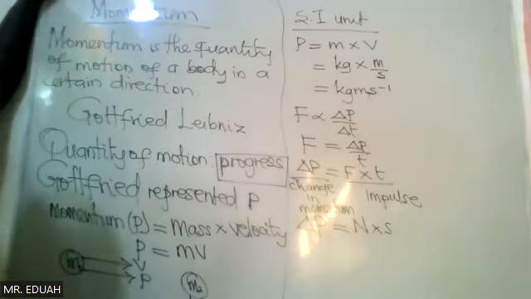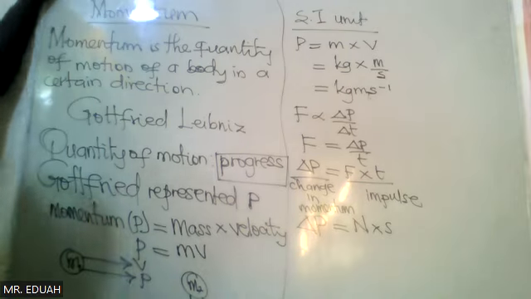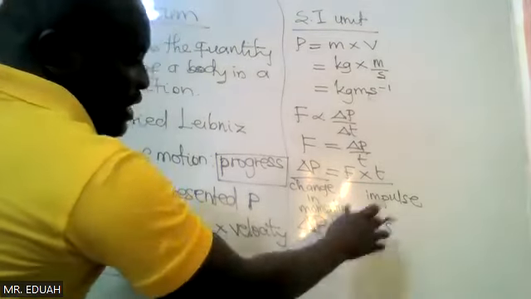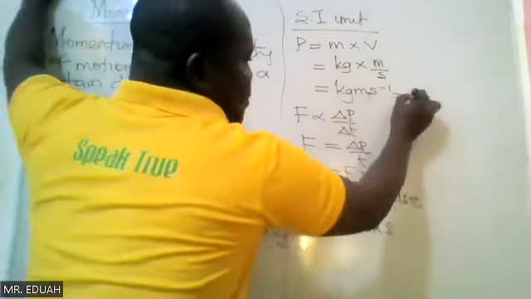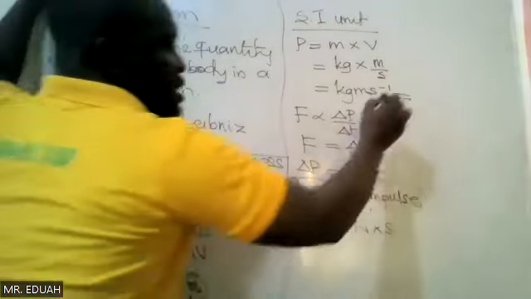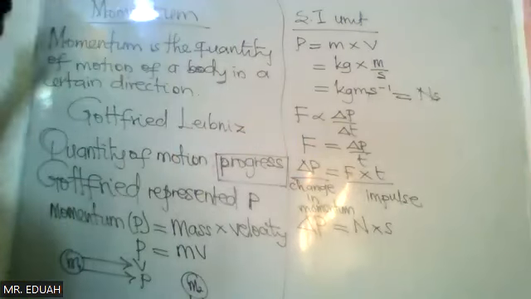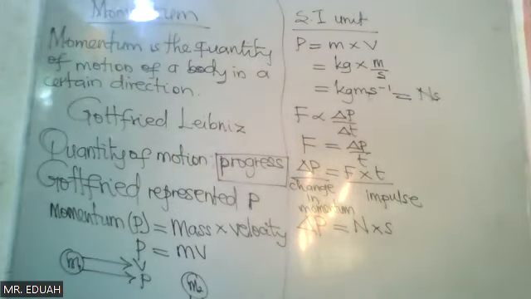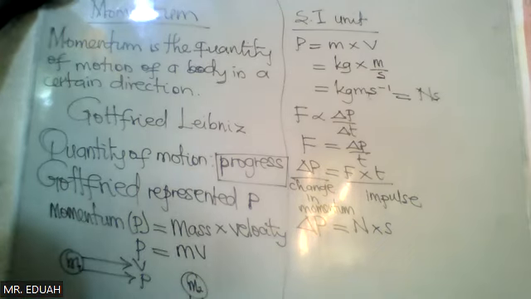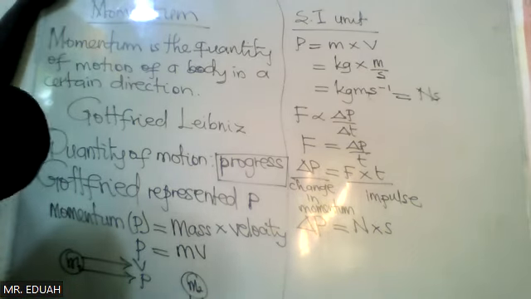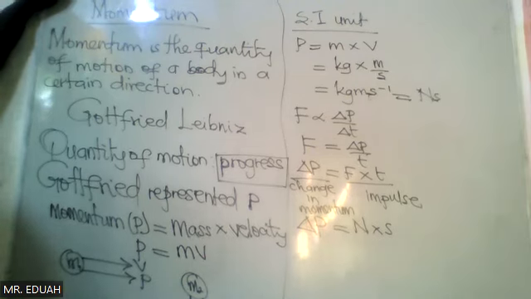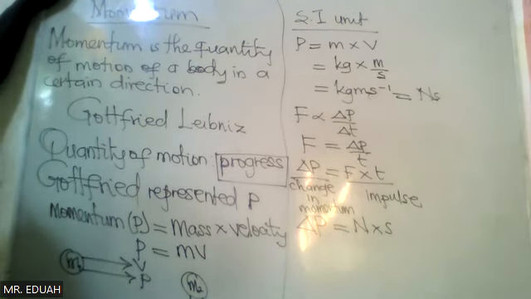So we have change in momentum equal to Newton second. Because of this fact, the other unit of momentum is Newton second. So either kilogram meter per second or Newton second is the SI unit of momentum.